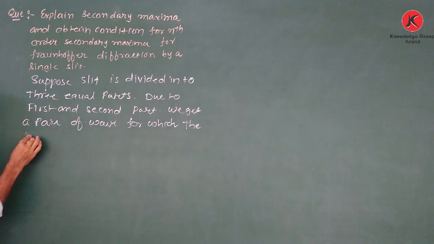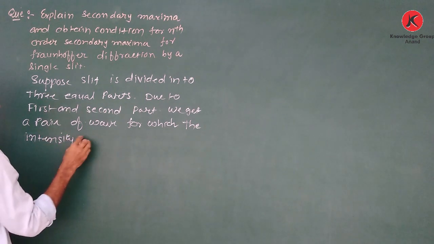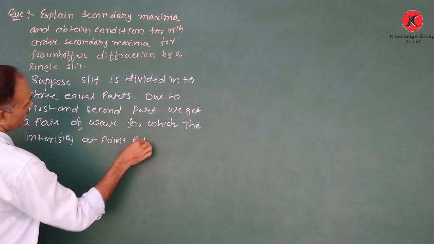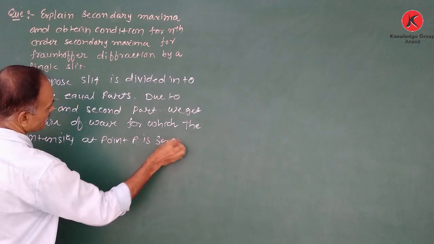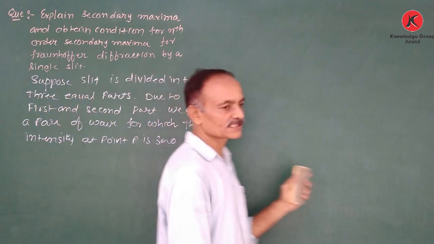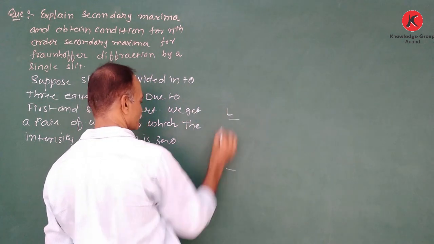The intensity at point P is 0 because both waves form destructive interference in this way, that is the slit LN.